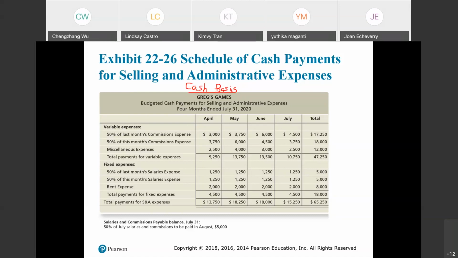Therefore, at the end of each month, this company reports salary and commissions payable equal to half of the month payroll.